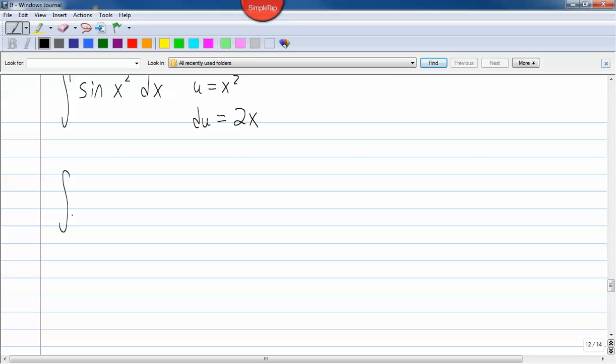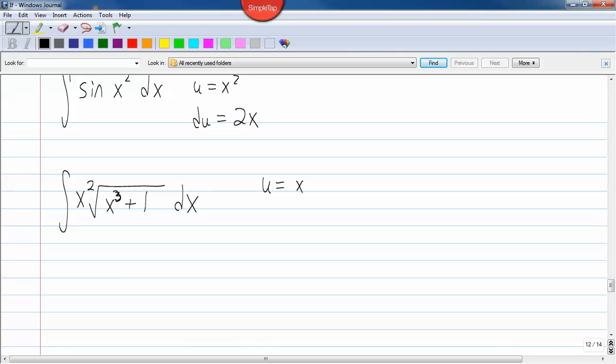Alright, look at this integral. The integral of x squared times the square root of x cubed plus 1 dx. So I see a couple things going on here. I see something under a radical, and I see an x squared in the front. So let's let what's under the radical be our u and see if what's on the outside is our du.